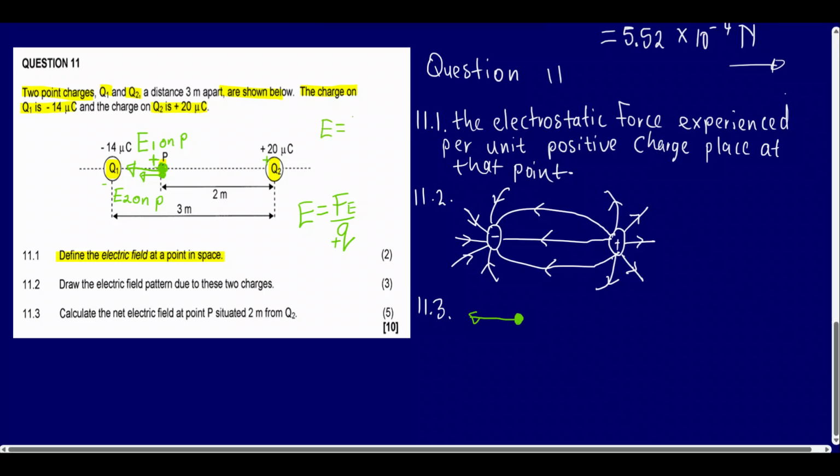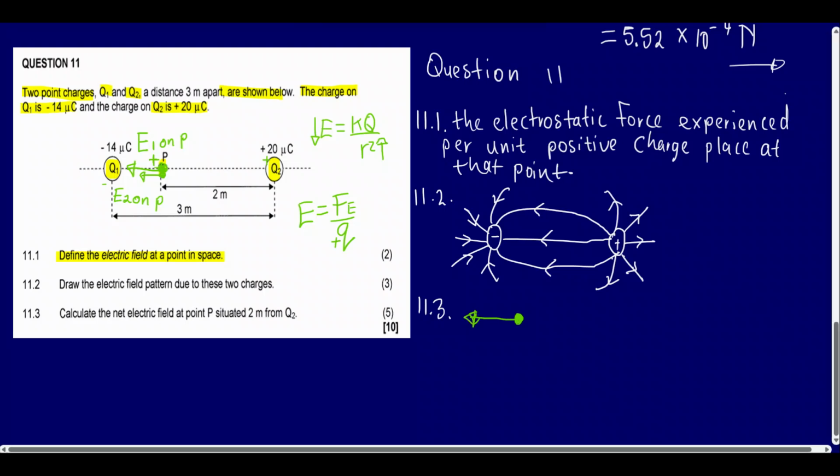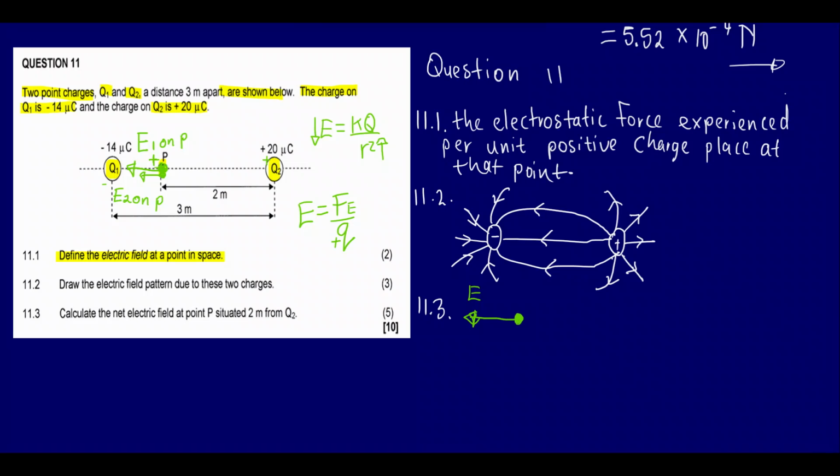The reason is that the formula to calculate the electric field is KQ over R squared. And remember, the greater the distance, the smaller the electric field the charge is going to experience. So by this big arrow here, I'm indicating that this magnitude is greater.